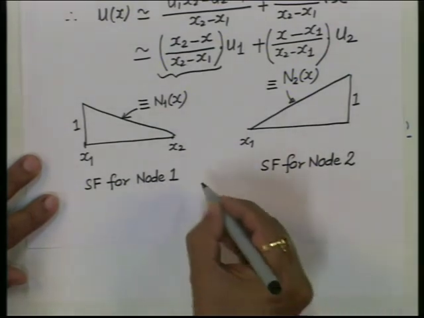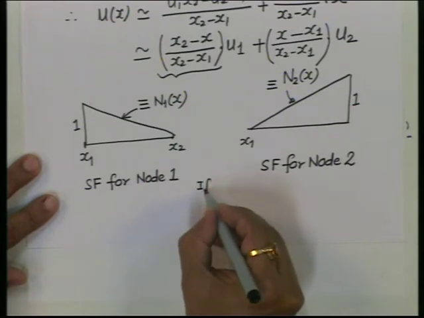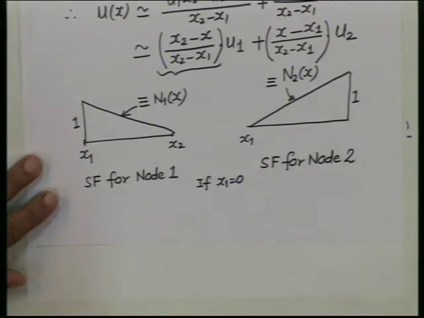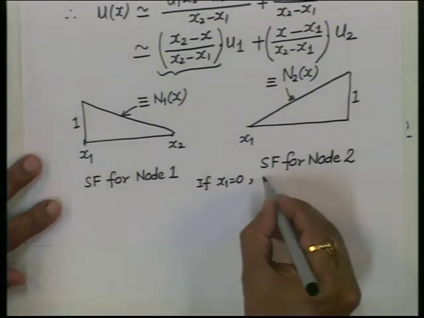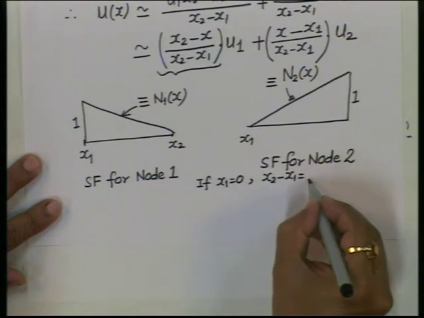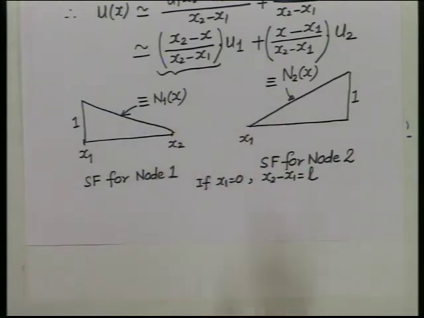If you take x1 as 0 and x2 minus x1 is L, the length of the element, then what will this be? I think yesterday I had given it for that. So, that should also come.